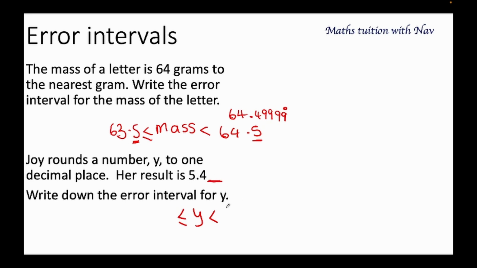So the biggest number is going to be 5.45. I'm going to fill this here. Whereas the smallest number it could have been is 5.35. Okay, so 5.35 is less than or equal to y, whereas y is less than 5.45.